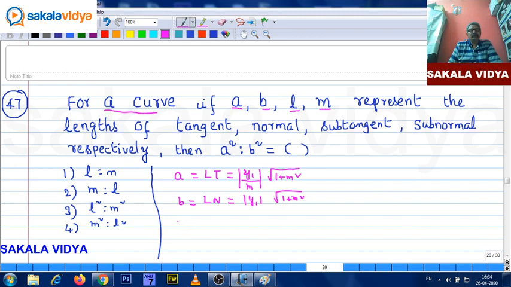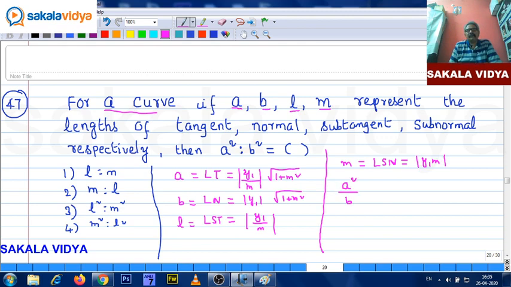Now, L is the length of the subtangent, which is mod of y1 by m. Next, M is the length of the subnormal, and the formula is mod y1 into m.